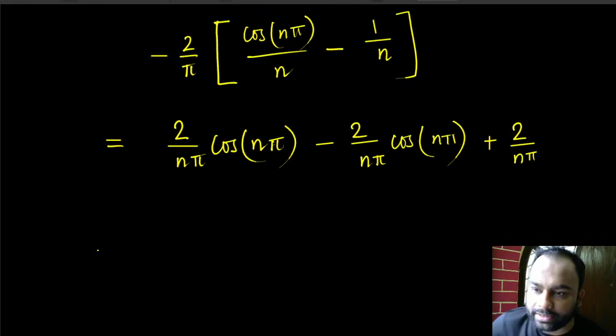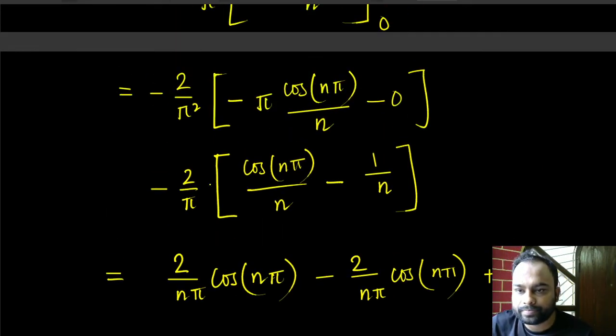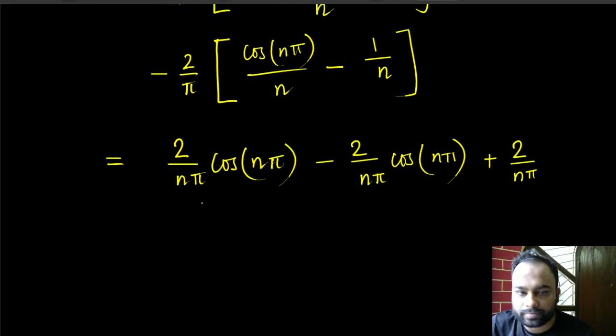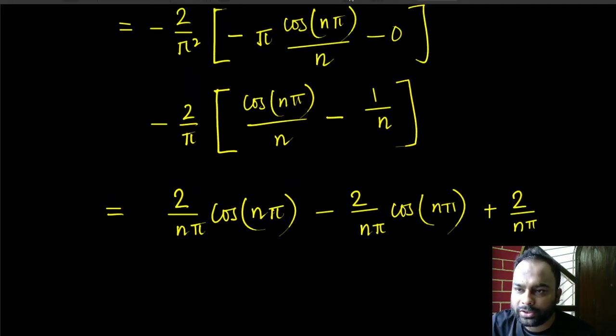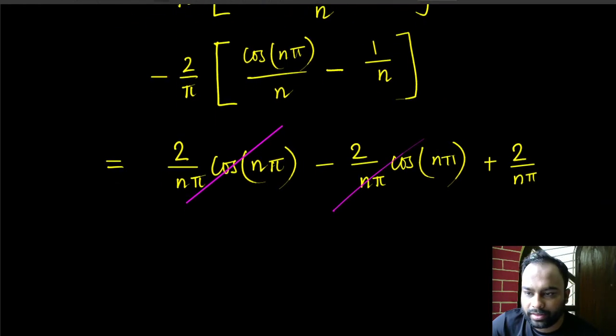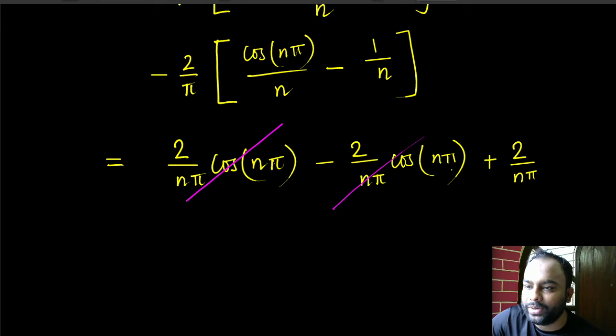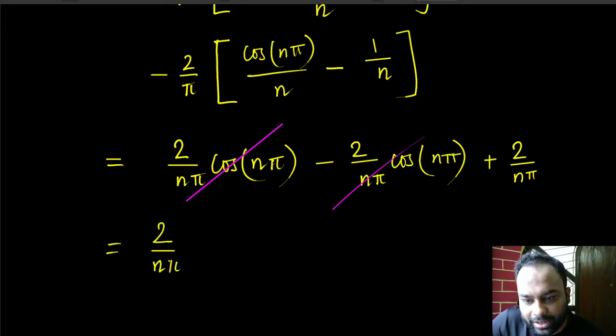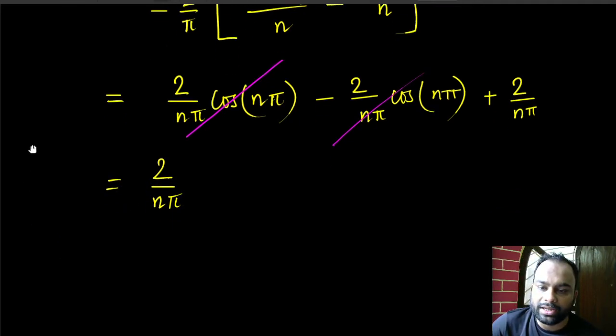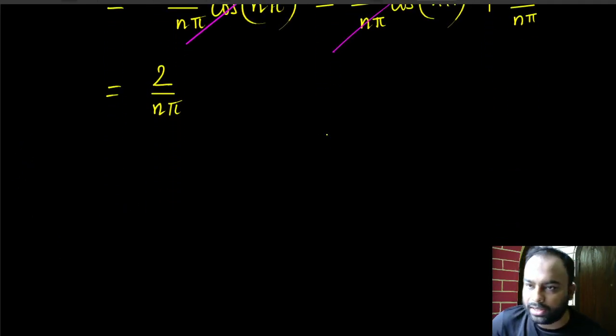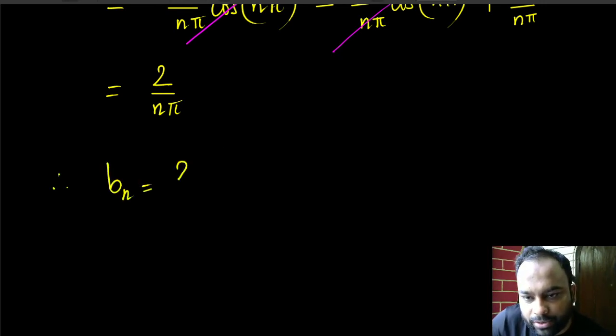Do tell me if there is any problem understanding this. This is actually a very simple problem, because these two are cancelling out with each other, so happily we have 2 by n pi. As a matter of fact, this is easier than the problem we did in the last class. Therefore we have bn equal to 2 by n pi.